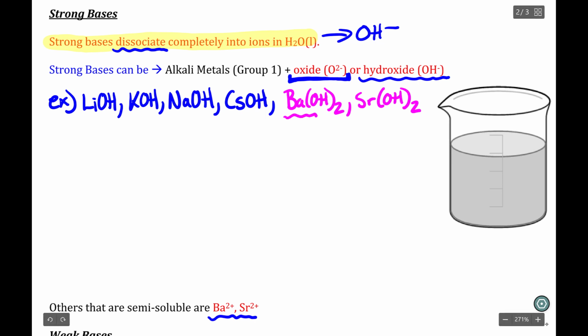Based on our solubility table, they're considered low solubility, but I can promise you can dissolve strontium hydroxide quite well. And so these would actually produce 2 hydroxide ions for every 1 formula unit of that substance. But again, I really want to push: these 3 here are the ones you're going to see almost exclusively.